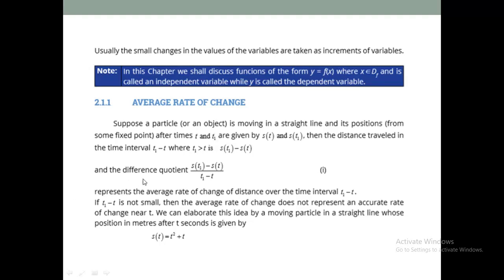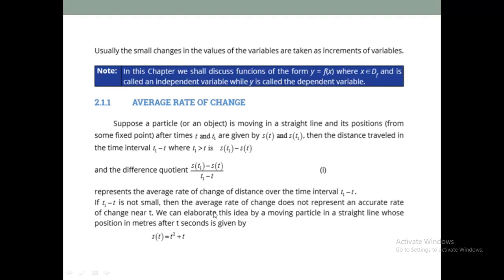The difference quotient, which is the difference in y values over the difference in x values, represents the average rate of change. If the distance over the time interval is not small, then the average rate of change does not represent an accurate rate of change near t.